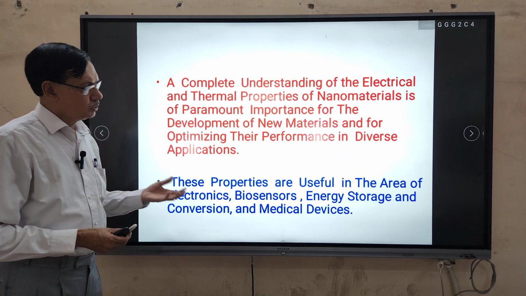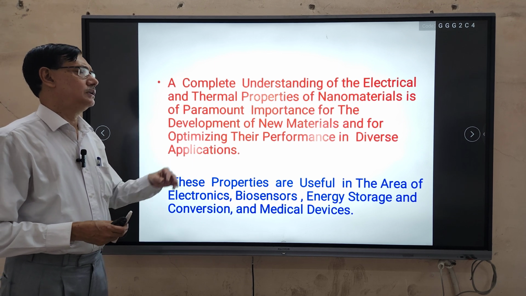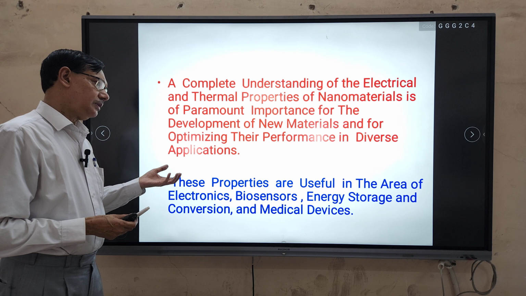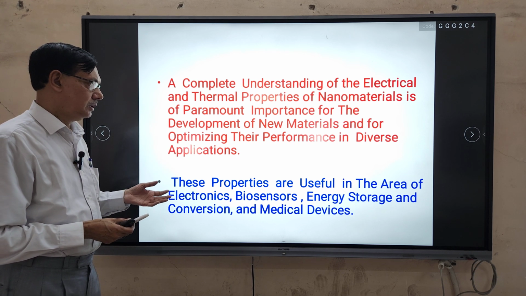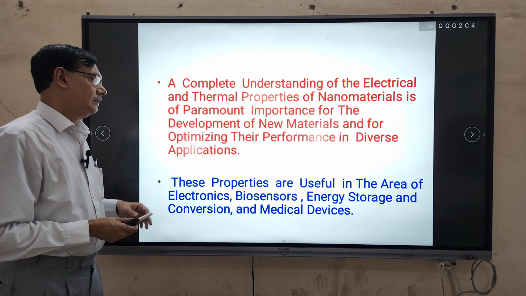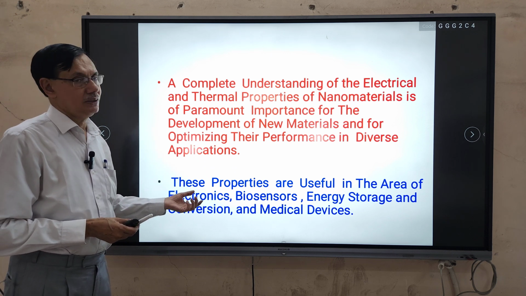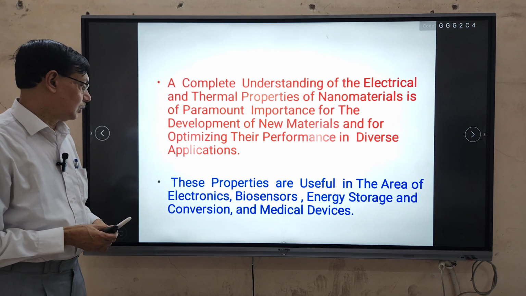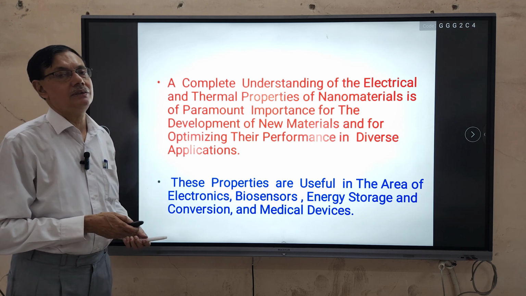And you also know various applications. In my last class, I will also discuss the applications of the nanomaterials. But while studying the optical properties and other properties, you already came across all these points. The important properties can be useful in the area of electronics, particularly biosensors, energy storage and conversion, and several biomedical devices, etc.